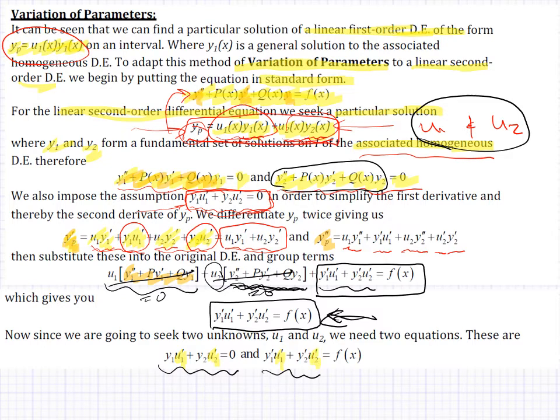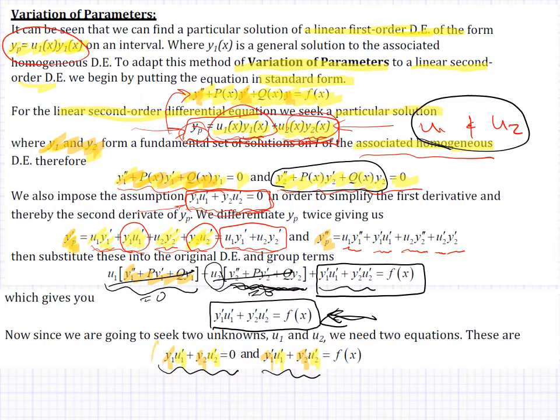Notice what else it has in it: y1 and y2, y1 prime and y2 prime, which remember would be known already, because they are solutions to the associated homogeneous equation, which we would have already had to have solved before we even try and move on to the non-homogeneous. So of these two equations, there's two equations and really two unknowns, u1 prime and u2 prime.